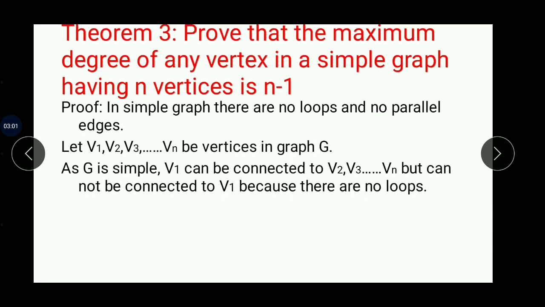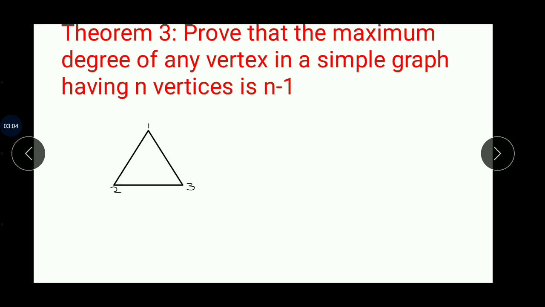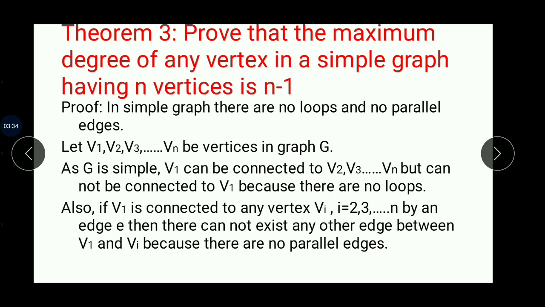So as I have explained here, 1 can be connected to 2, and 1 can be connected to 3, in one way only. There cannot be any parallel edge between them. So in a graph which has n vertices, the first vertex can be connected to the remaining n minus 1 vertices, n minus 1 times.